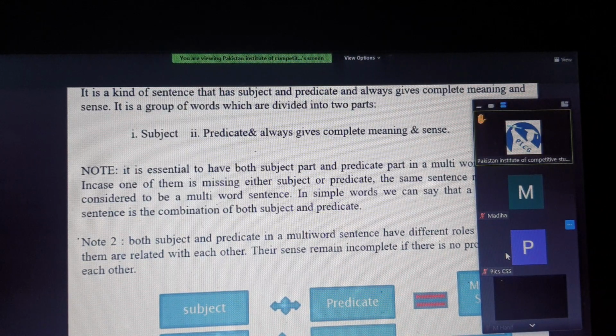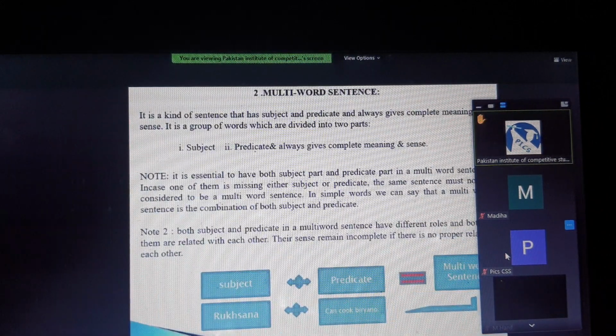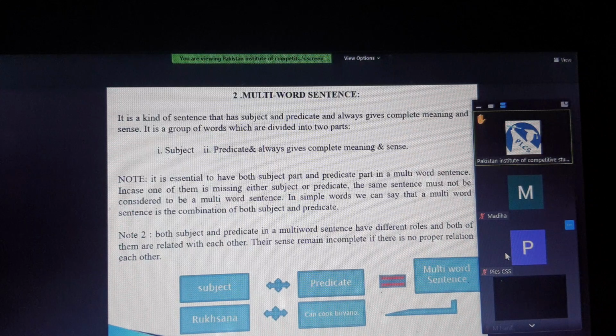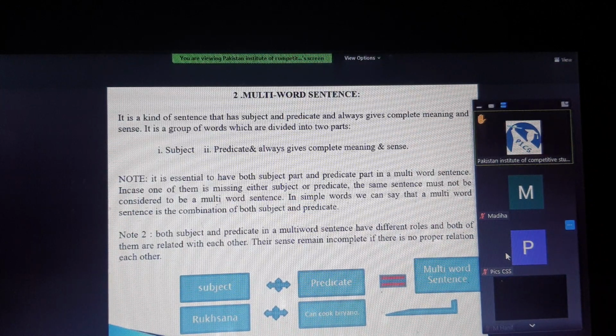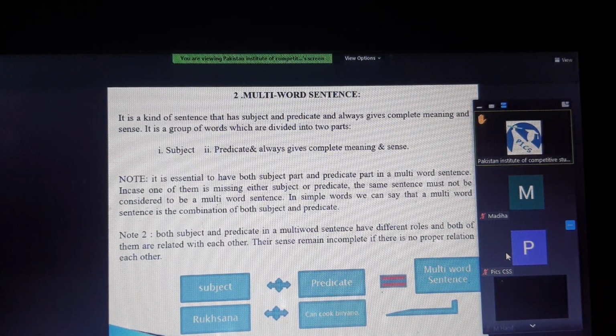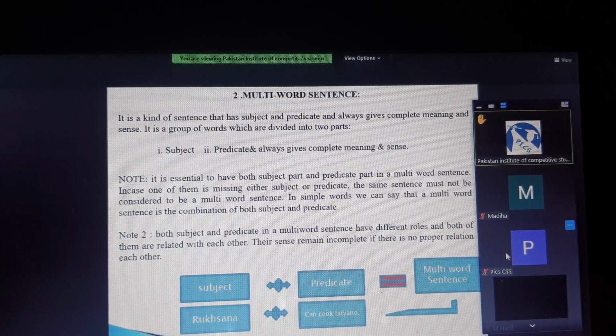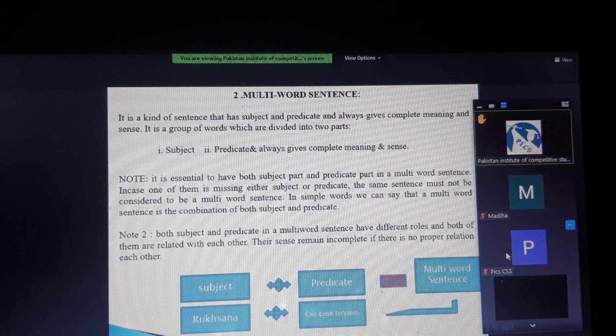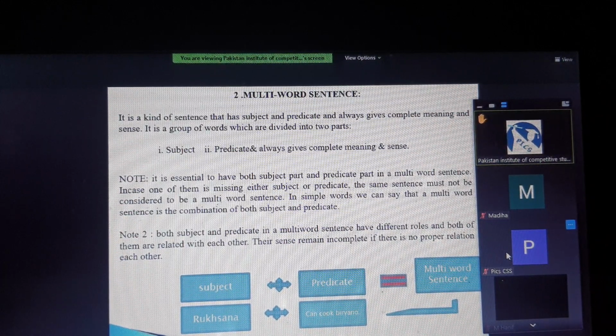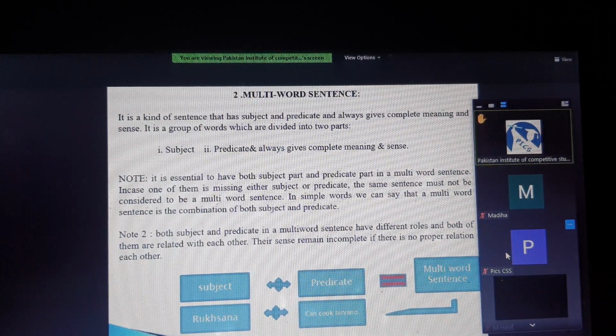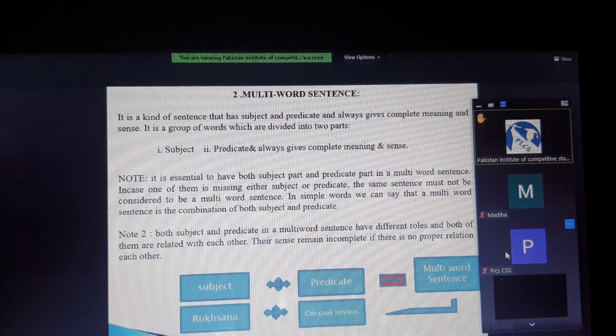तो मैं सिंपली आपको बताऊं कि मल्टीवर्ड सेंटेंस में इन दोनों पार्ट्स का होना बहुत जरूरी है, सब्जेक्ट का होना और सब्जेक्ट के साथ उसके प्रेडिकेट का. Single subject is not sufficient to make a multi-word sentence, and single predicate is not sufficient to make a multi-word sentence.